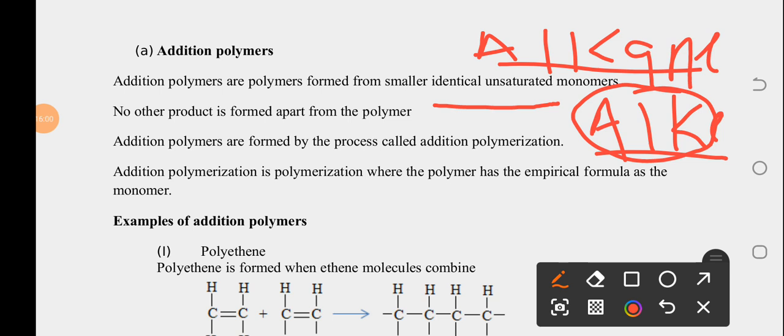But when we talk of alkanes, this is where we have ethane, propane, pentane, and so on and so forth. The difference is right over here. Here we have A, then here we have E. So whenever you hear ethene, propene, pentene, just know that we are talking about the family of alkenes, which is referred to as unsaturated hydrocarbons.